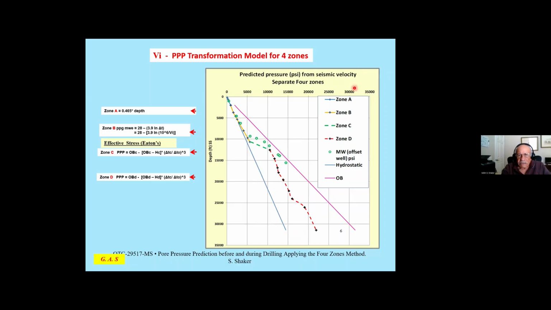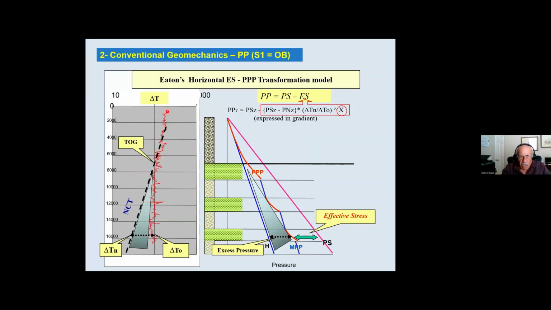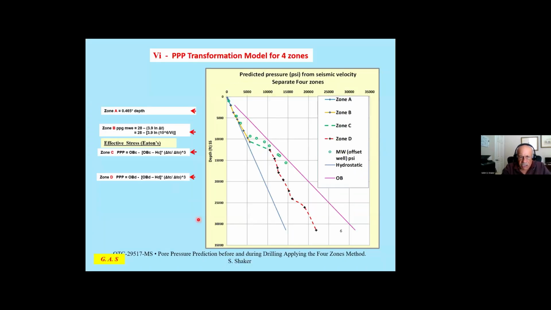I came up with this because I saw a lot of confusion about where the effective stress is going to apply, here or there. This paper has been published in the OTC, AAPG, all over. It proposes 4 zones. We have to divide the subsurface into 4 zones. Zone A is hydrostatic.